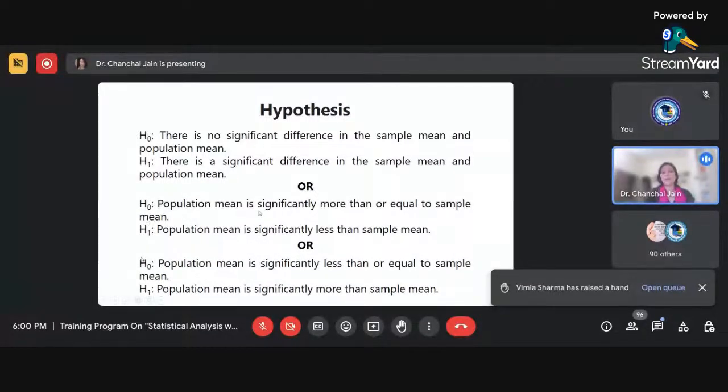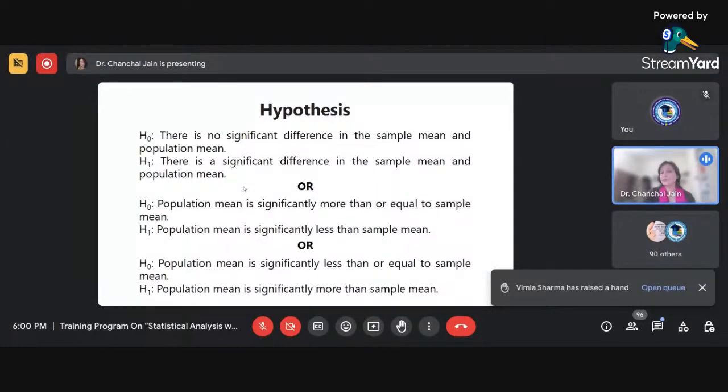But when you are clearly mentioning that mu is less than or mu is greater than, this is a case of one-tailed test. When you are saying that mu is less than X bar, this is your right tail test. When you are saying that mu is greater than X bar, this is the left tail test. So this is the way of representing your hypothesis using the symbols.